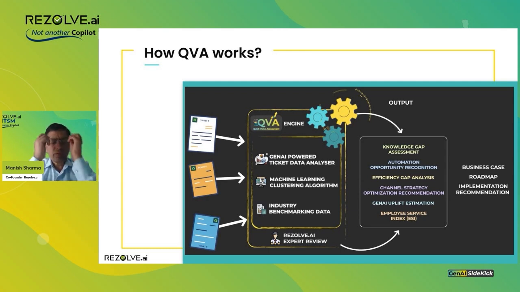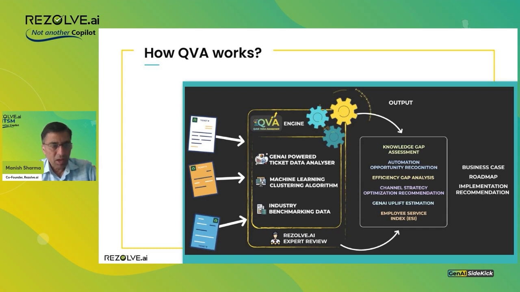So how do we go from that problem? How did Resolve.ai solve that problem? Well, we have used generative AI to solve that problem, apart from our other machine learning algorithms that we have created very specifically for this problem. So we can read tons of data, hundreds, thousands, 10,000, 100,000, you name it.